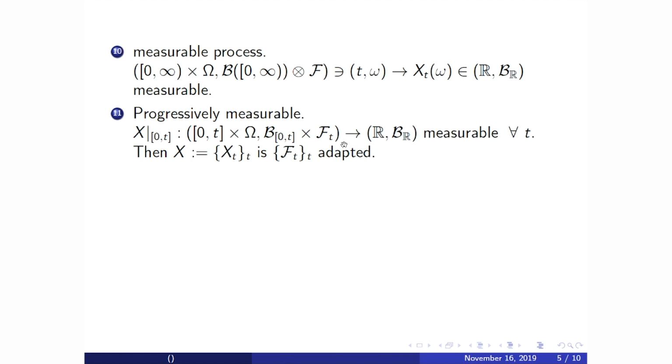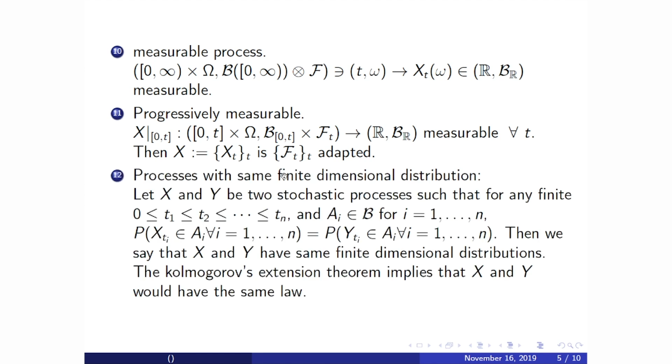If you put this condition, then for fixed t, X_t is F_t measurable, which is trivially true from here. So this is a progressively measurable process.